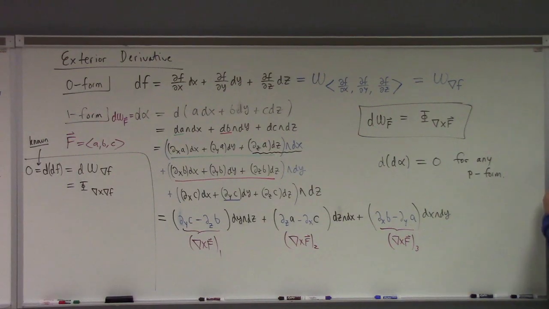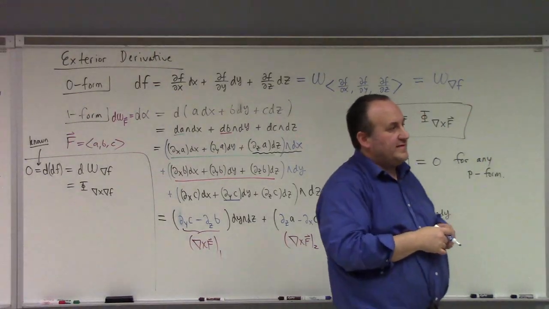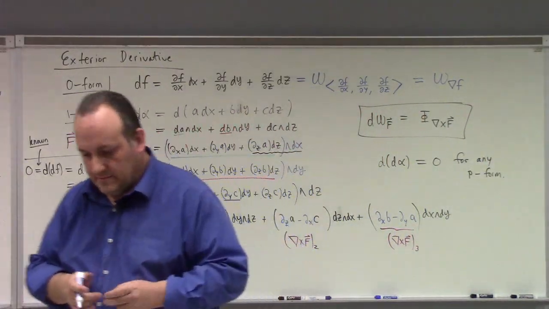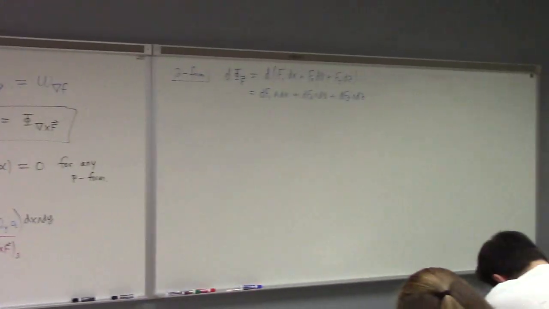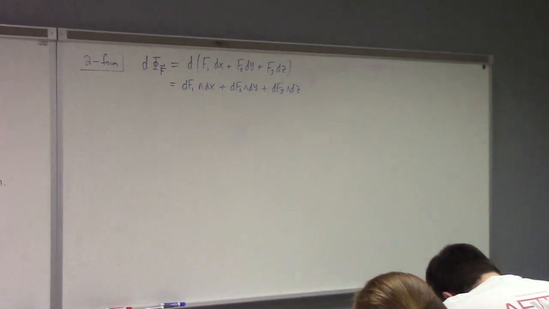The exterior derivative of the flux form of f. We're taking the exterior derivative of f1 dx plus f2 dy plus f3 dz, and that's equal to df1 wedge dx plus df2 wedge dy plus df3 wedge dz. I'm not going to write so much this time, just the part that matters. As we calculate df1, df2, df3, what contributes non-trivially to the answer?